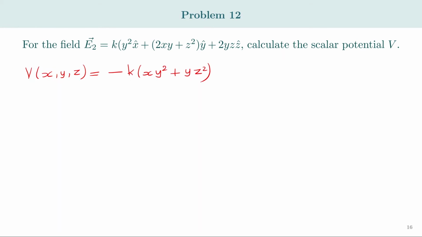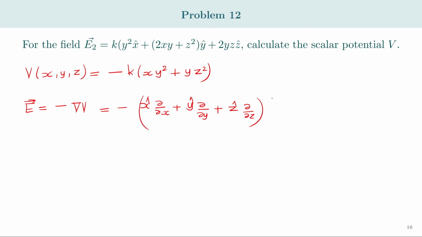We can definitely check the validity of the potential that we have just calculated. For that, we'll make use of this expression, E equal to negative of del V. So this is equal to negative of (x hat ∂/∂x + y hat ∂/∂y + z hat ∂/∂z) times negative of k times (x y² + y z²).